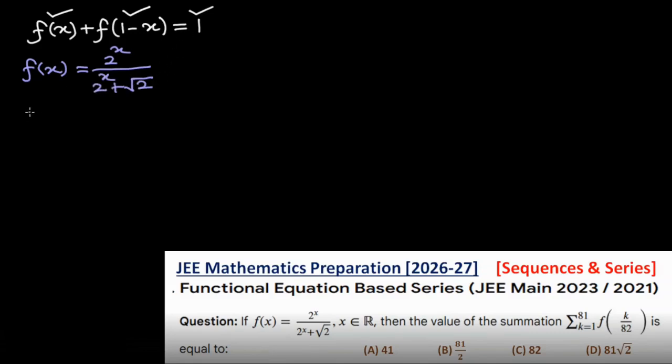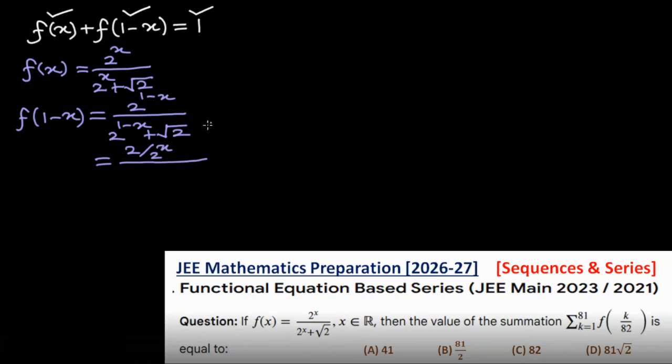This is the first term, and for the last term, 1 minus x will give 2 power 1 minus x upon 2 power 1 minus x plus root 2, which is 2 upon 2 power x upon 2 upon 2 power x plus root 2.